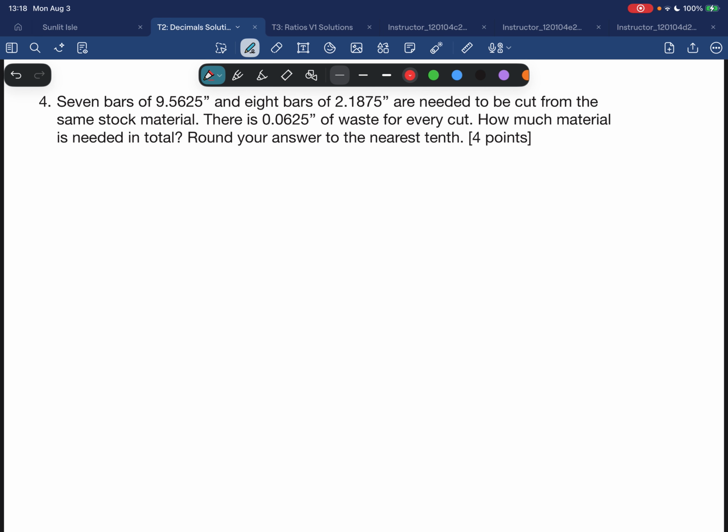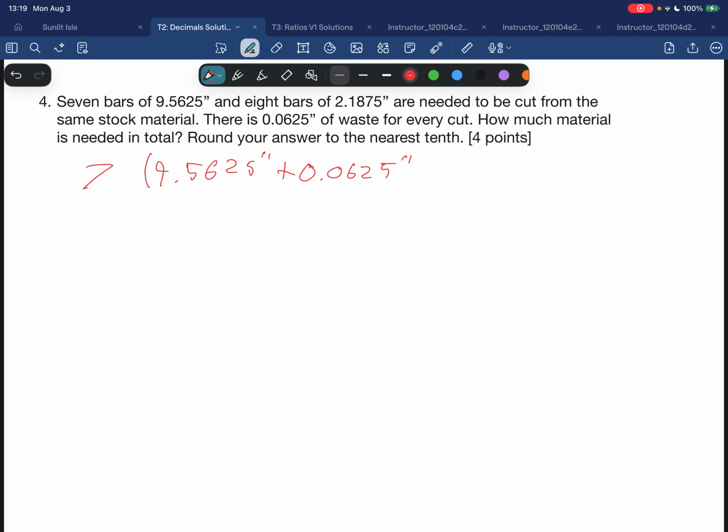We know that we are going to have 7 bars that are 9.5625 inches in length, but for every bar I have to add on 0.0625 inches for waste. So I have my original length plus the waste there.